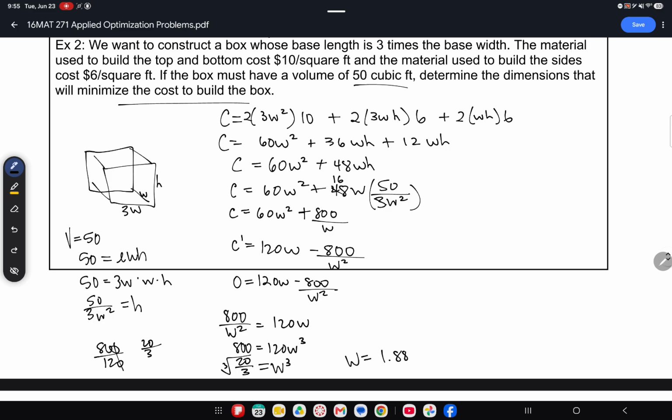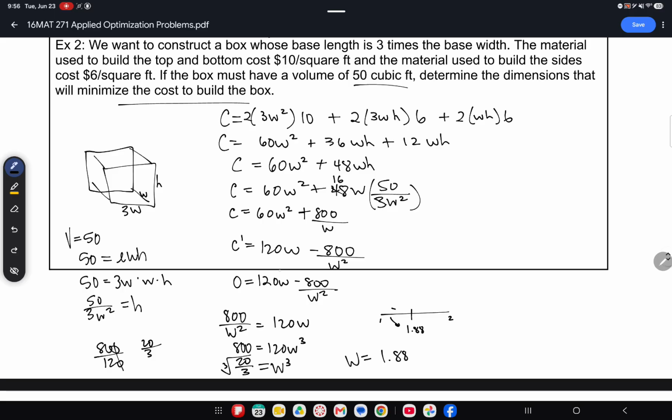All right. So then we could use two things. We could say, hey, let's use that first derivative test and say, hey, 1.88, let's check values on either side. And let's see, let's do 1. And how about 2? So if I plug in 1 into my derivative, I get 120 minus 800, which is a negative number.